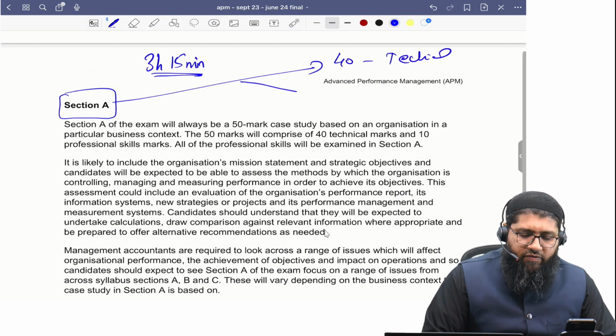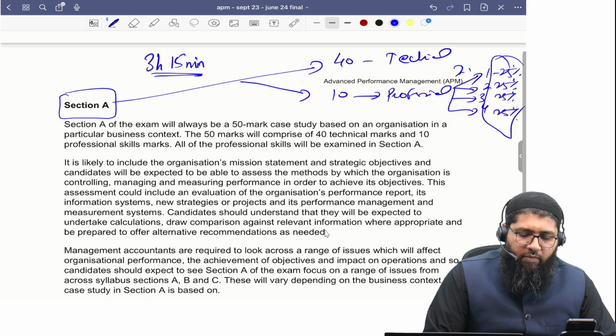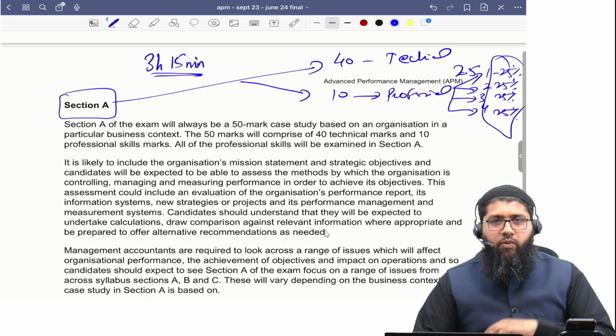The 10 marks out of that question are professional marks. And it is covering all those professional areas 1, 2, 3, and 4. So that means 25% weightage here, 25% weightage here, 25% weightage here, 25% weightage here. Means 2.5 marks for each one of them for question number 1.